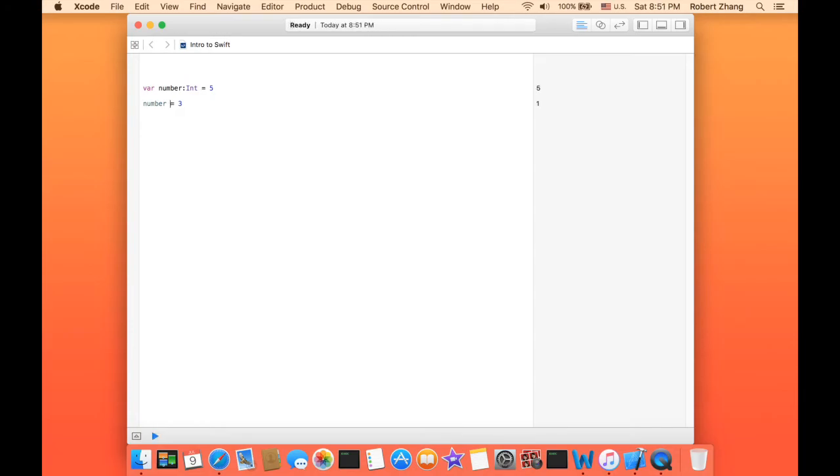And for multiplication, we can do number multiplies equals 3. So that's very straightforward. We just have to remember that, again, we cannot multiply an integer by a double. So if I just say 3.4, it doesn't work out. But that should be very expected, as we know that we can't do operators between two different data types.